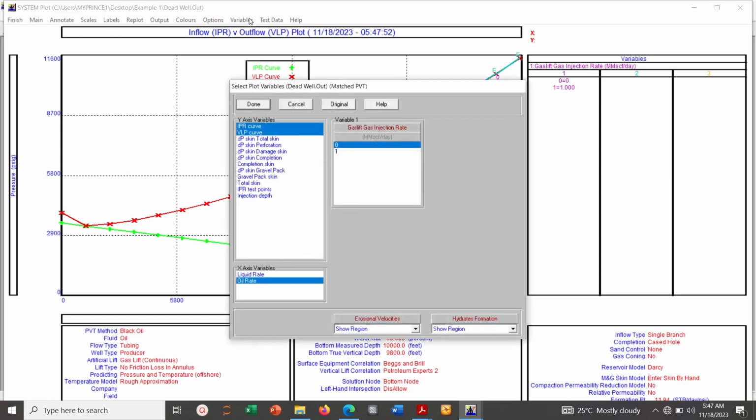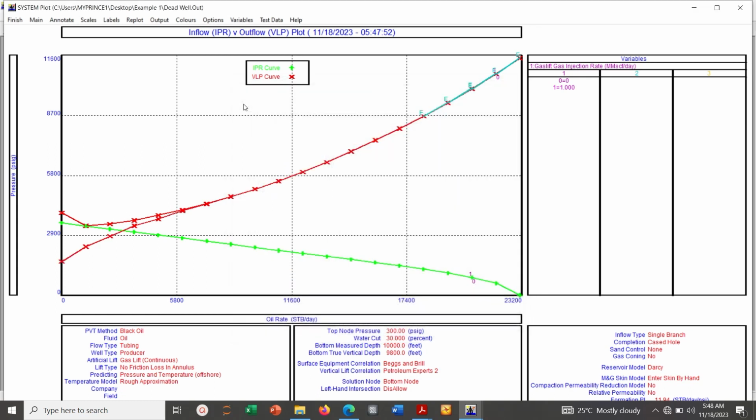Now we look at the 0 here. We have to grab 0 and 1. The 0 here represents the condition before gas injection or gas lift, and the second one represents the condition after gas lift.